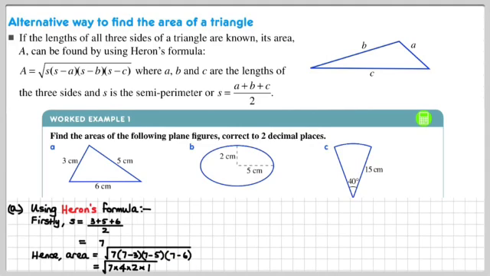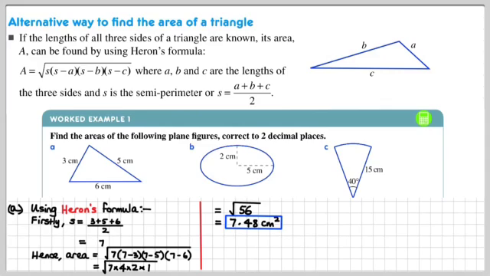Is that right? 7 times 4 times 2 times 1, that's right. 7 4s are 28, 2 28s are 56, square root of 56, but 2 decimal places needed. 7.48 square centimetres, because these are in centimetres. Make sure you don't get mucked up with your units. Excellent, that's that one done.